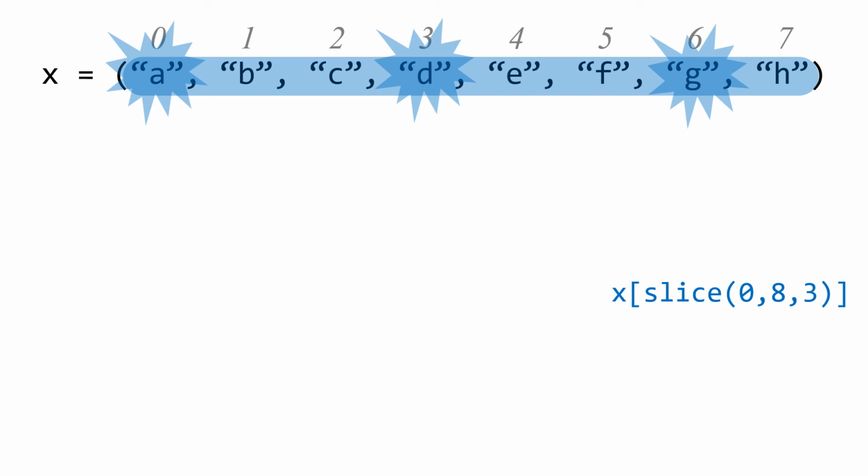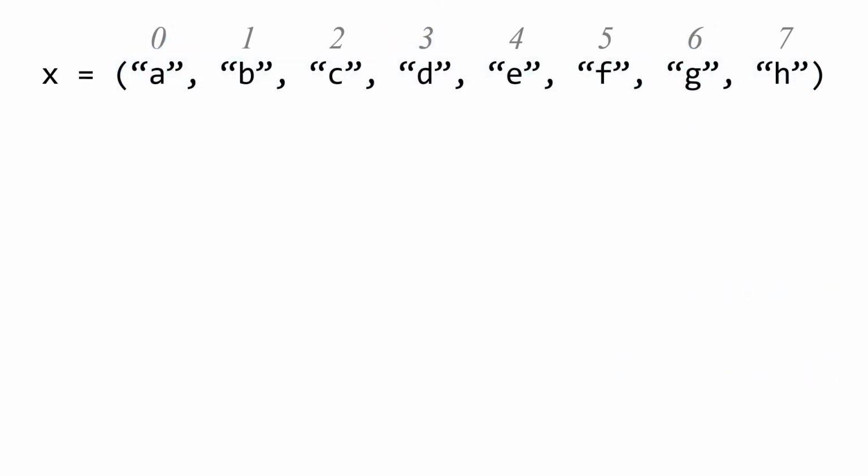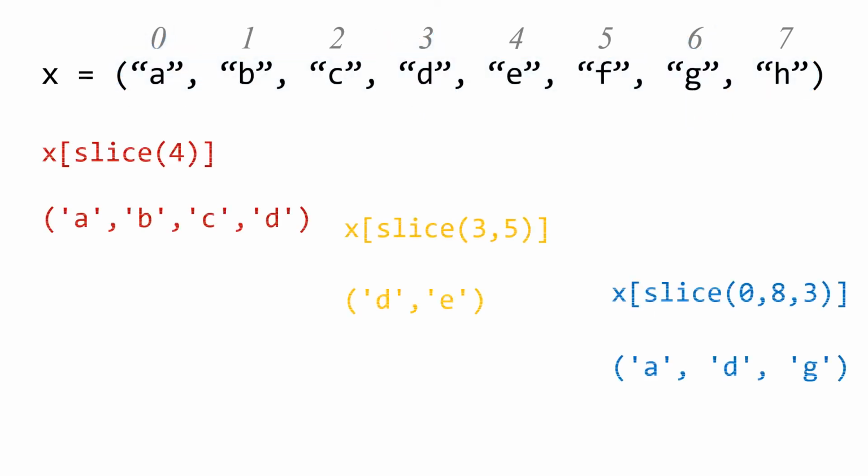So A, after 3 steps D, after 3 steps G. So this is going to be the output for this instruction. So these are the different methods we can use the slice function. It can have only 1 parameter or 2 parameters or 3 parameters.